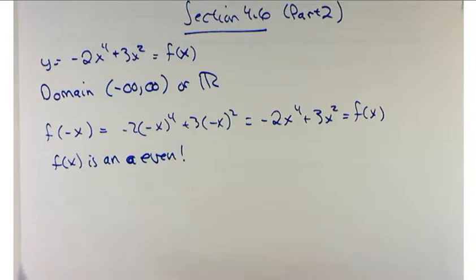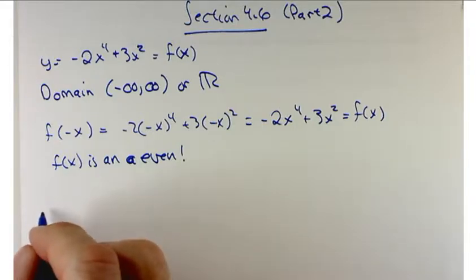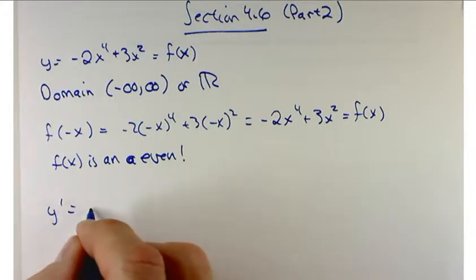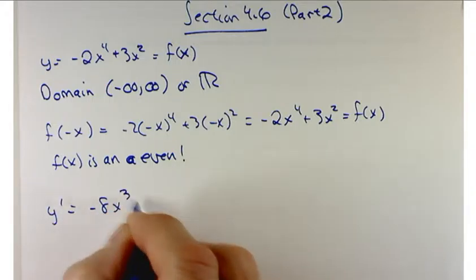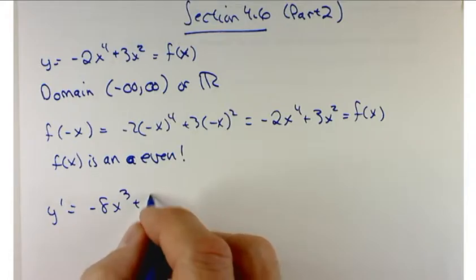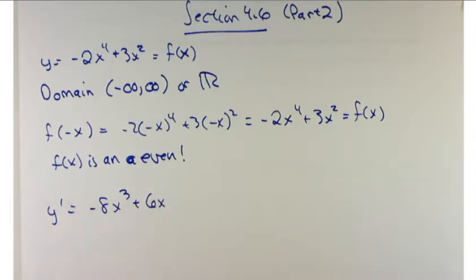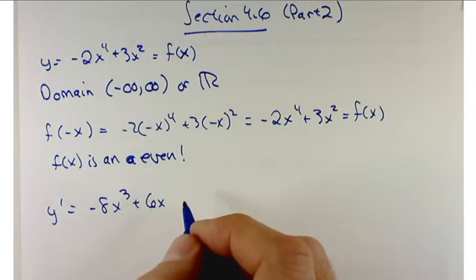So let's move to some derivatives, calculating the first and second derivatives. y prime is going to equal negative 8x cubed plus 6x. Okay, looks good. I want to know where this is actually equal to 0.